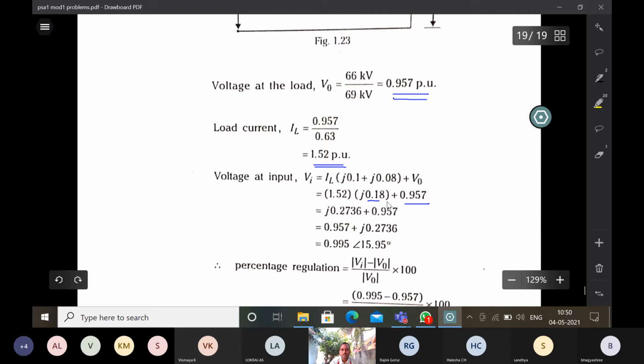This will become J0.18, and IL value is 1.52. You can calculate this Vi. You will get 0.995 angle 15.95 degree, in polar form. This is the input voltage.